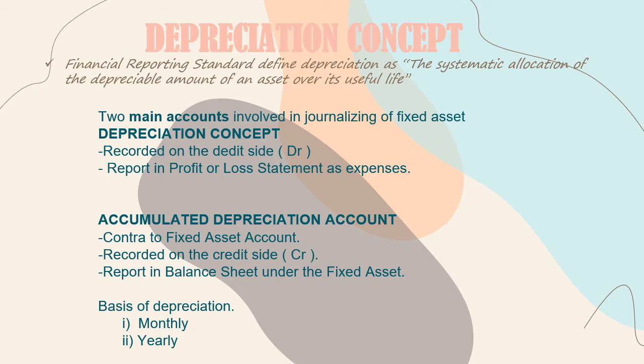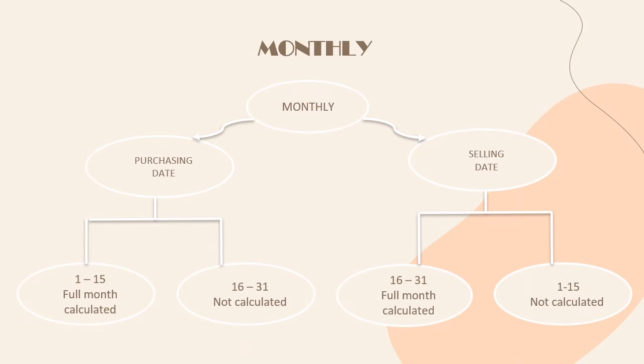Okay, now let's proceed with the basis in computing depreciation. We have to be more focused because understanding this basis is important in calculating the depreciation after this. We have two bases. There are monthly and yearly basis. In monthly basis, it's quite detailed because it depends on the date of purchase in the current month.